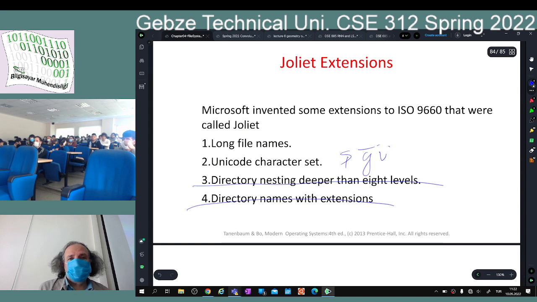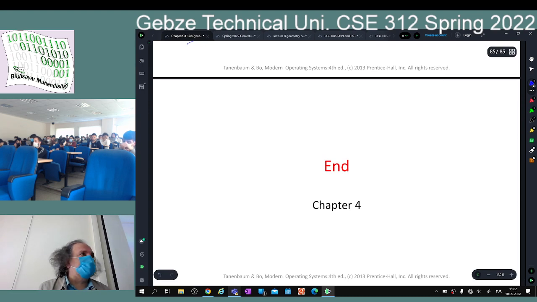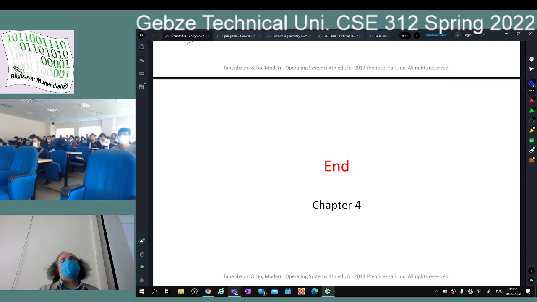Okay, good. Any questions about chapter number 4, files and file systems? That was the third main leg of the operating systems. As we said before many times, these three concepts, processes, memory address spaces, and files, are the three main concepts of the operating systems. If you know how to remember the two purposes of the operating system: abstracting away the details of the underlying hardware.